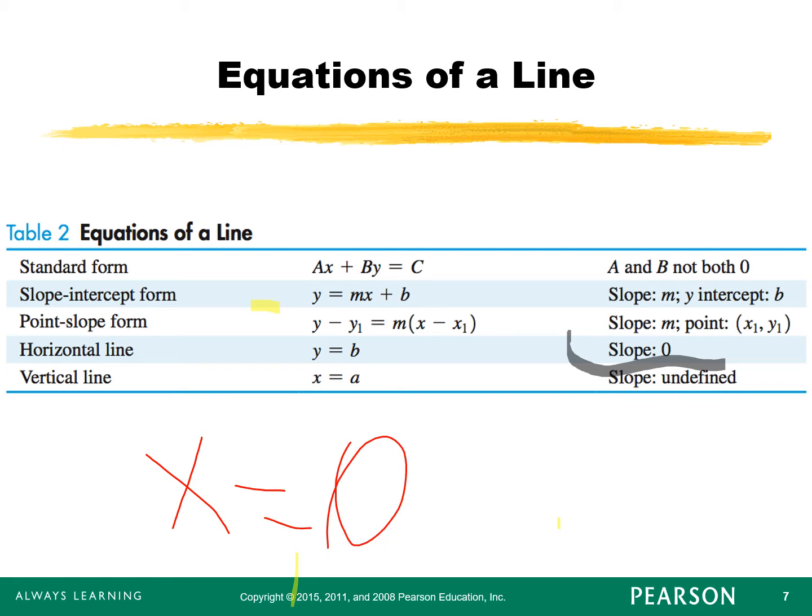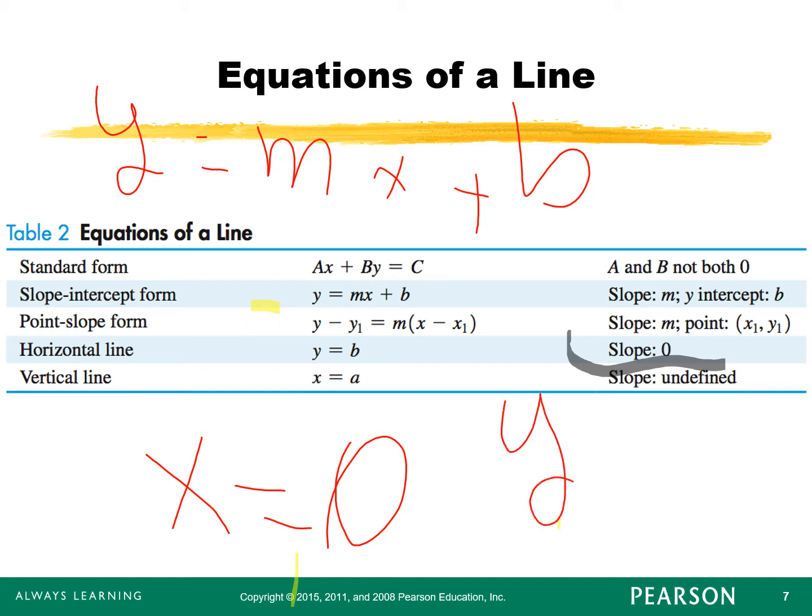This is the equation that we have, for example, y equal to mx plus b. To find the horizontal line, we take x equal to 0. So m multiplied by 0, we will have 0. So we can conclude that y equal to b. This is when we have the horizontal form of an equation.